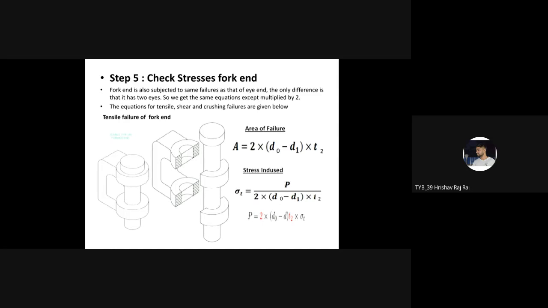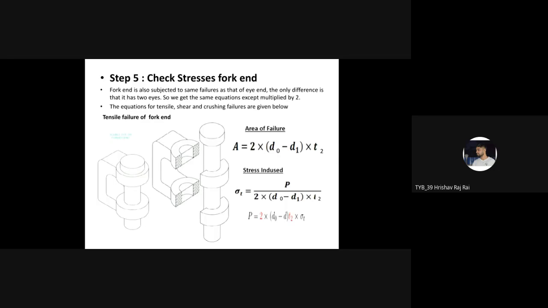That's why 2 is coming there, multiplied by dO, that is the outer diameter of the eye, minus D here, not D1, it is D. D is the diameter of that inner circle. So that will be the total area.